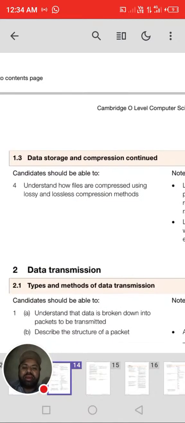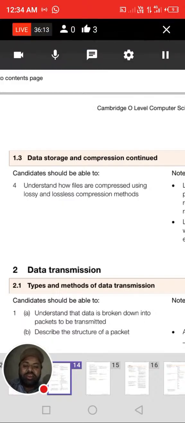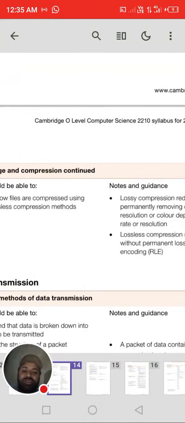Then the candidate should be able to understand how files are compressed using lossy and lossless compression methods. There are two types. Lossy means some loss occurs, because some bits are lost to reduce the size of the file. Lossless means without losing anything.